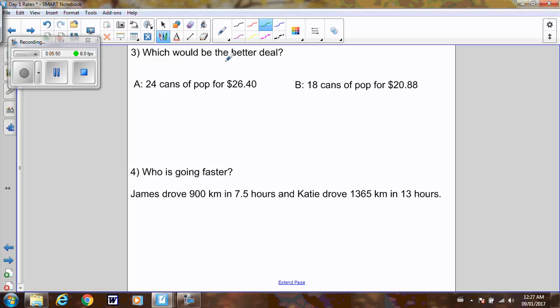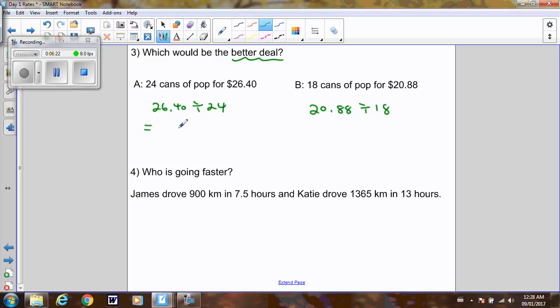Which one would be the better deal? You can buy 24 cans of pop for $26.40, or you can buy 18 cans of pop for $20.88. Let's calculate the unit price for each one. The unit price for this one is $26.40 divided by 24 cans. The unit price here would be $20.88 divided by 18.